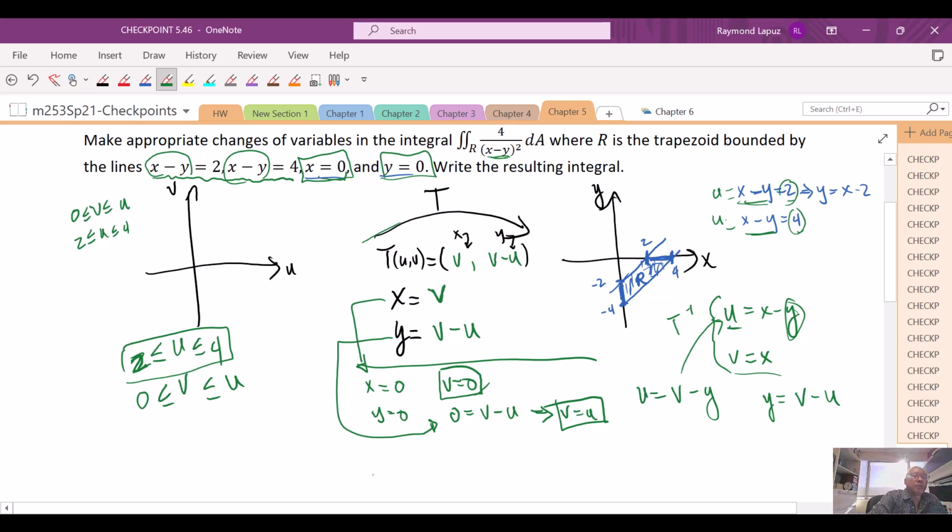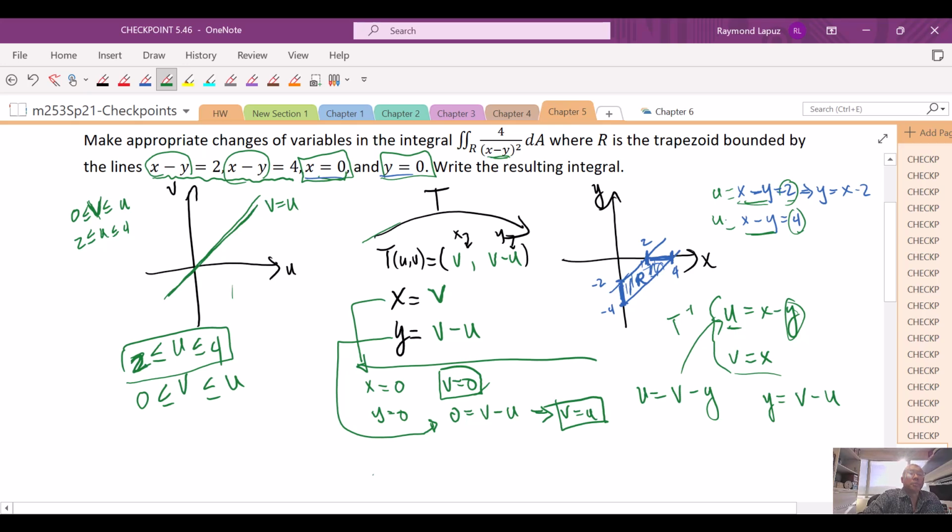So if we pretend that v is like the y, the vertical variable, I would have y is equal to 0 and y is equal to u or x. So I would have this v is equal to u line as our diagonal line, like y equal x. And then I would be looking at this as a type 1 region where I integrate with respect to v first on the inside.